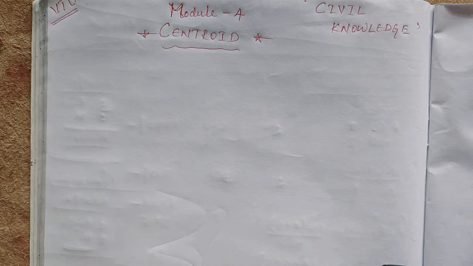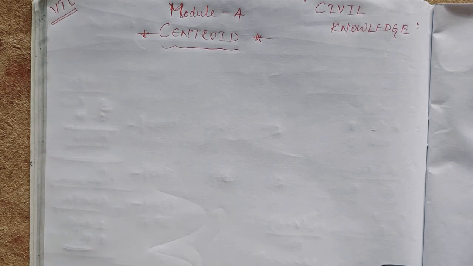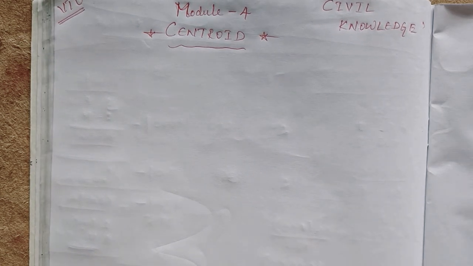The center of gravity and centroid are almost the same, but the center of gravity is for a point, whereas centroid gives an estimation of area, volume, and also line and mass. But the center of gravity only deals with bodies with mass and weight. So first we will see what is center of gravity.